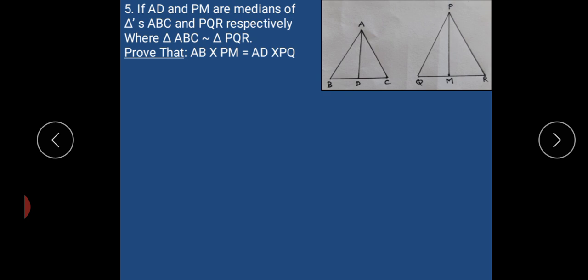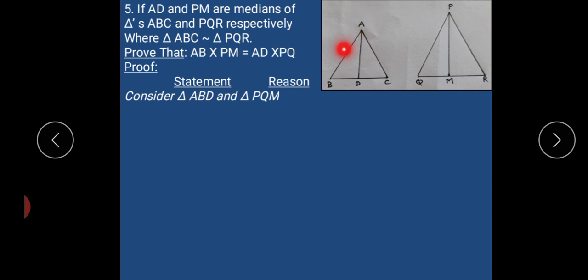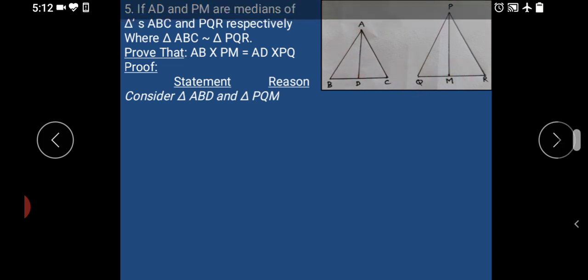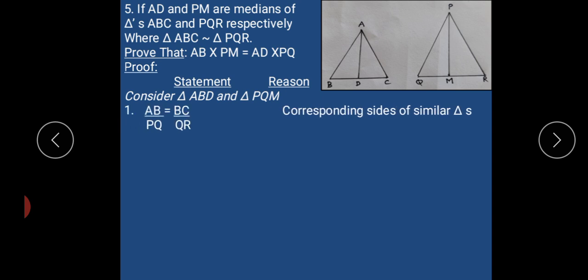The triangles are ABD and triangle PQM. Let us consider the two triangles ABD and PQM. Since the triangles ABC and PQR are similar, we can write AB upon PQ is equal to BC upon QR.